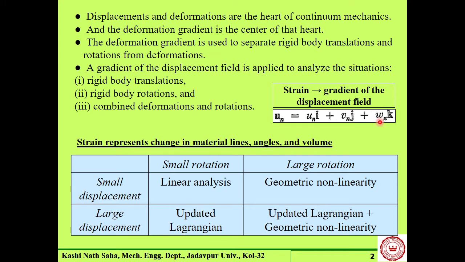So what is important to be noted here is that this U, V and W, they are also fields. Is it clear? Actually, for each and every point we have different value of U. So we have different values of this U, V and W.